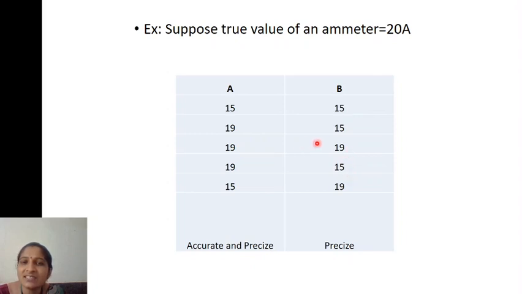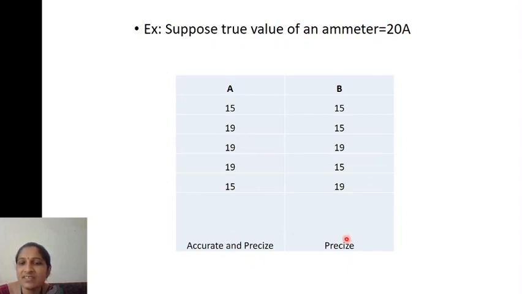That means for B the most repeated value is 15, and 19 is not repeated many times. Whereas for A, 19 is more repeated, and 19 is very close to 20 also. That means A is both accurate and precise.